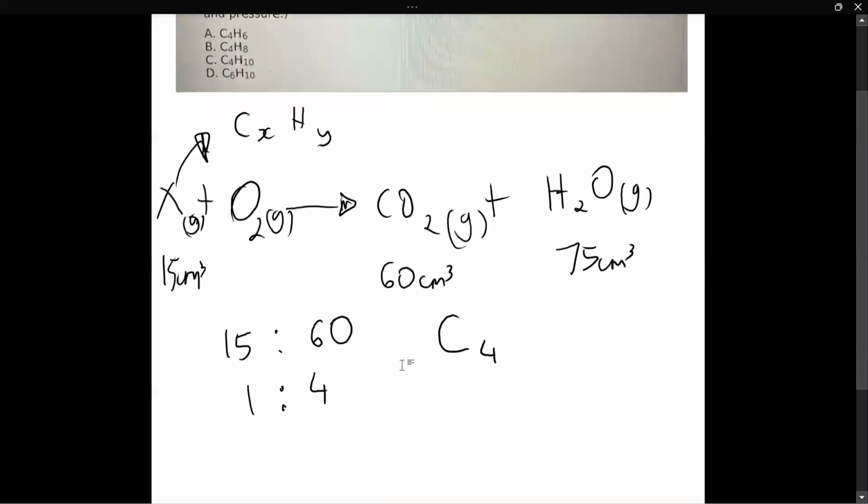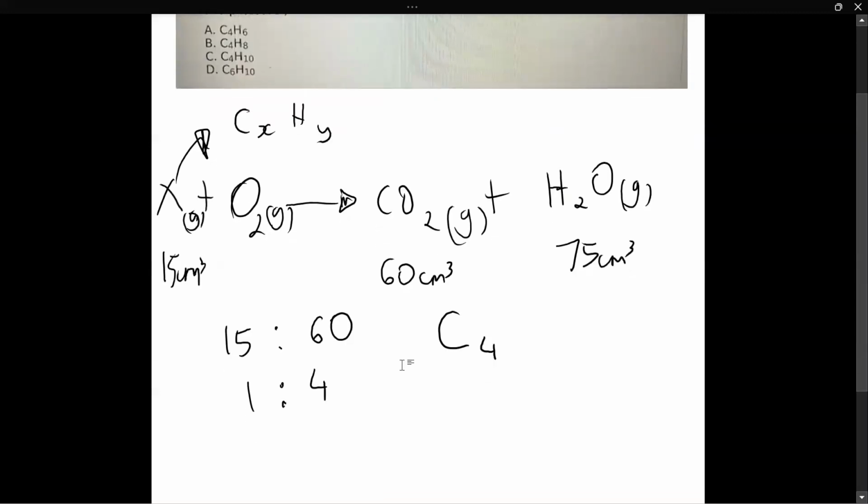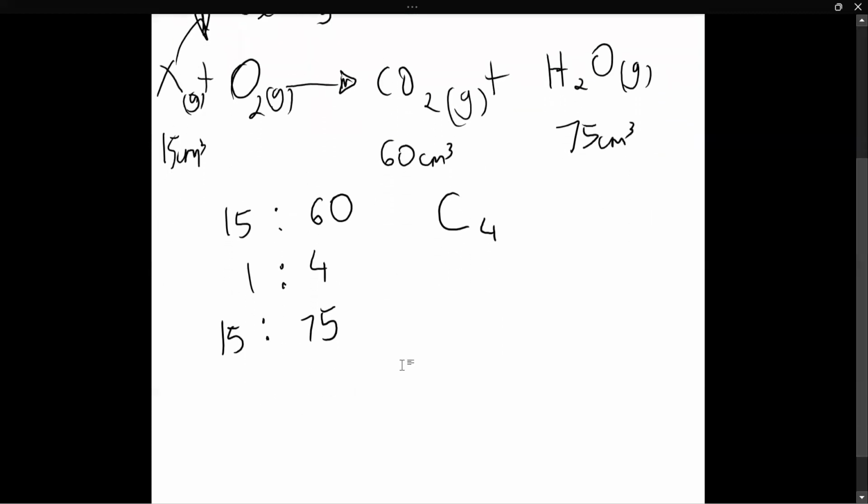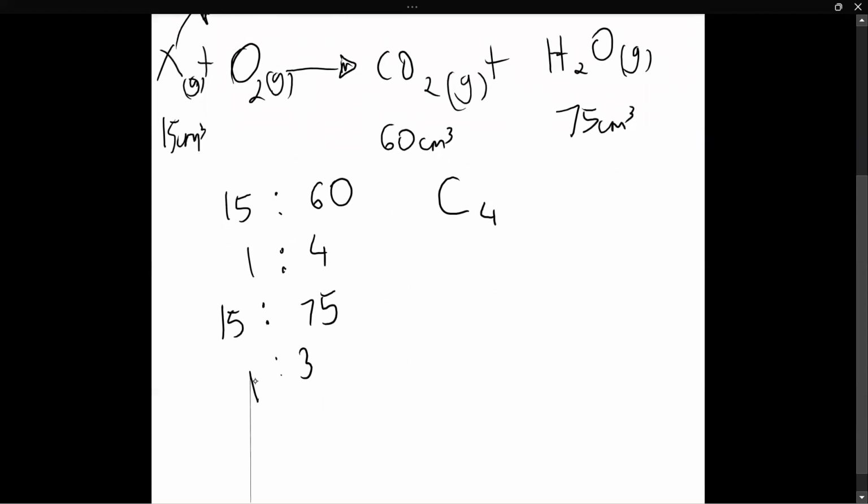Now, looking at this, you may think, okay, what I can do is the same thing I did earlier, right? 15 centimeters cubed of hydrocarbon produces 75 centimeters cubed of water. Well, that ratio is 1:3. That means H is 3. Well, no, that doesn't really make any sense, right? And why is that?